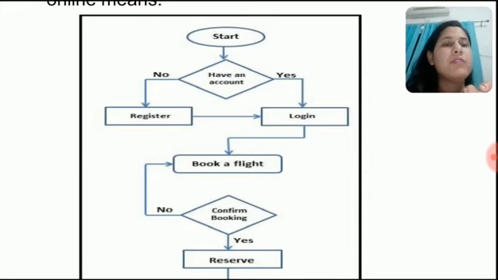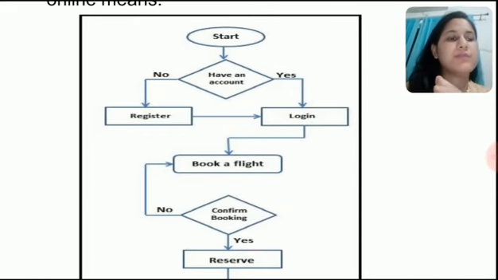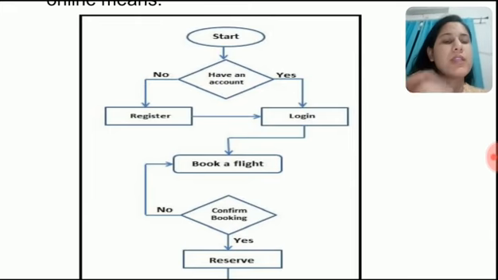You will start, then you have to create an account, like in the shopping sites also, you go to Amazon for example, and you create your own customer account. So here also you'll have to create an account.